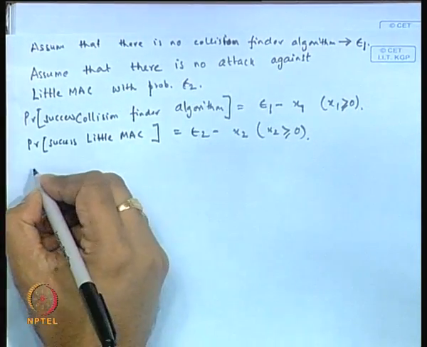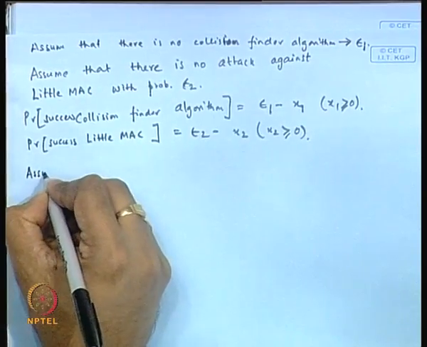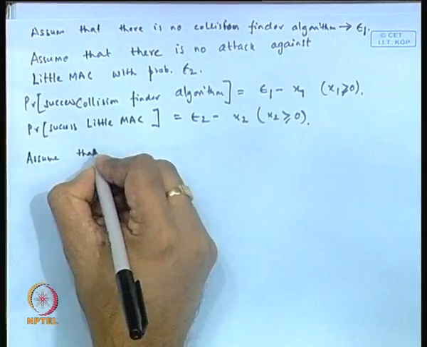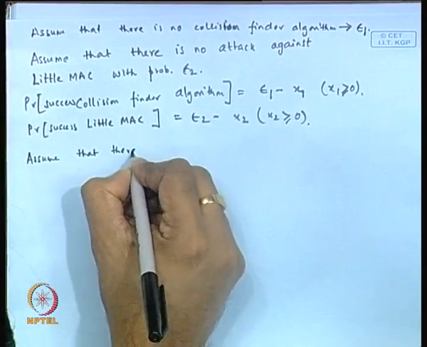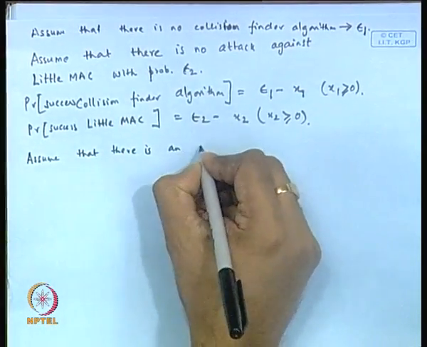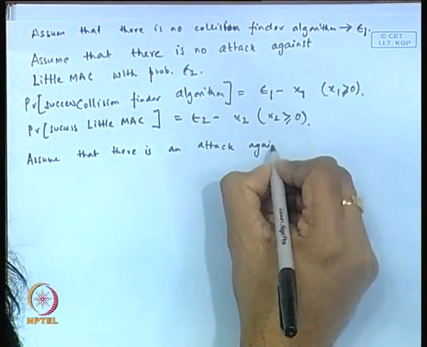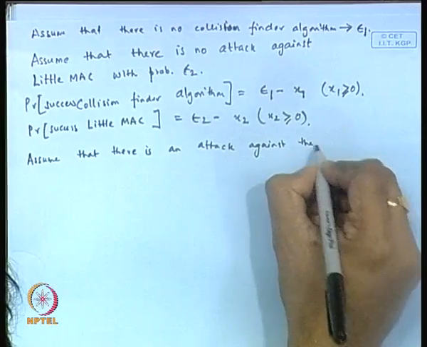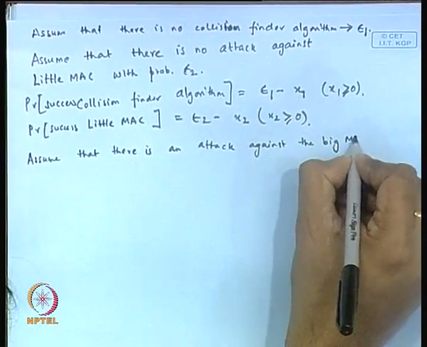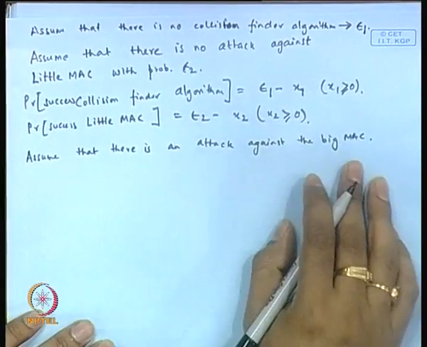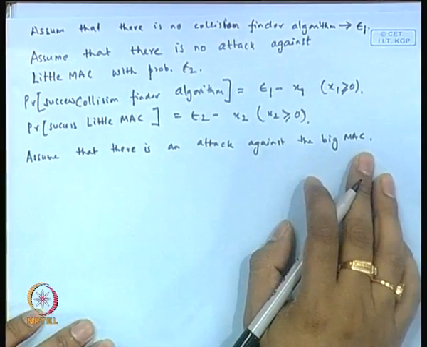Also assume that there is now an attacker against the Big MAC. Let the probability of success of the attack against the Big MAC be at least epsilon.